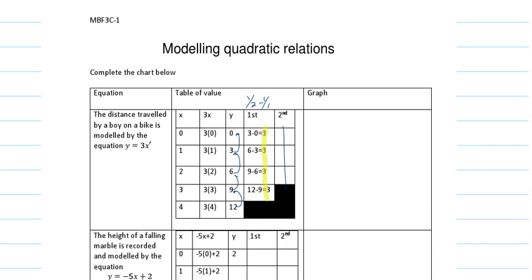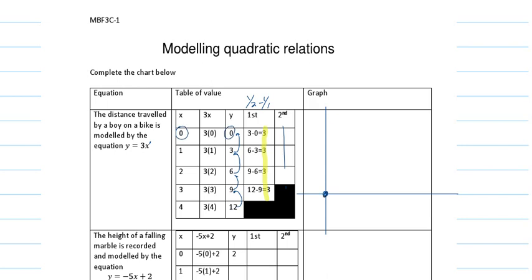Now, if I want to graph this, I know it's 0, 0 because of the x and the y. Then I have 1, 3.